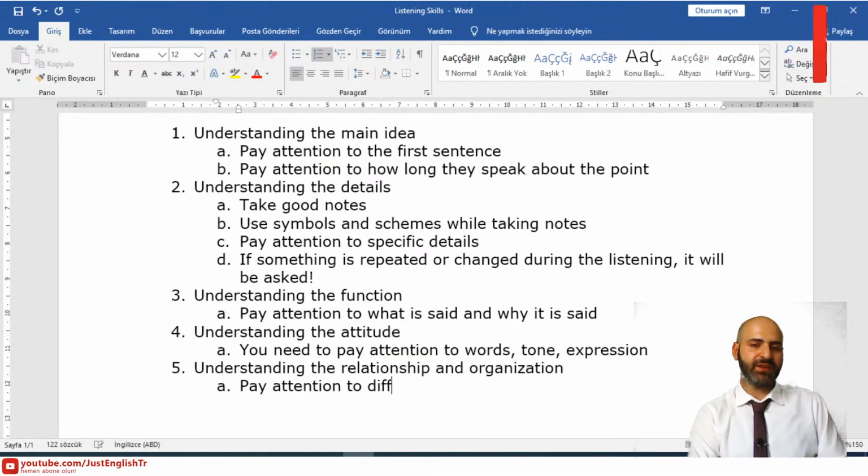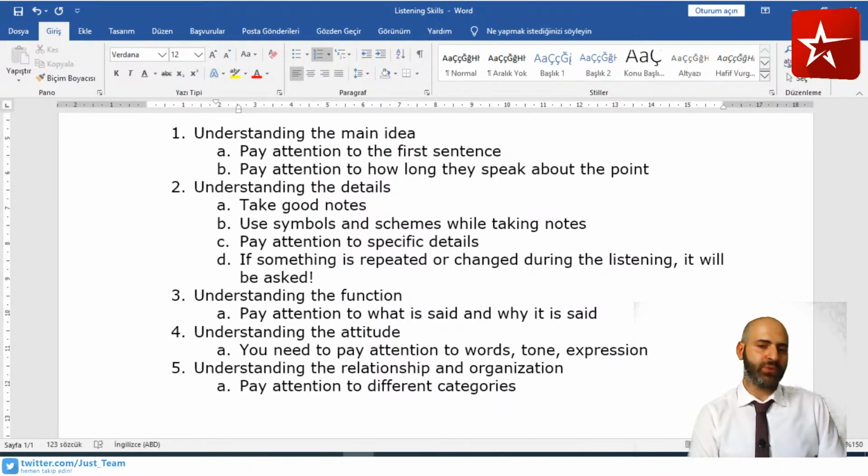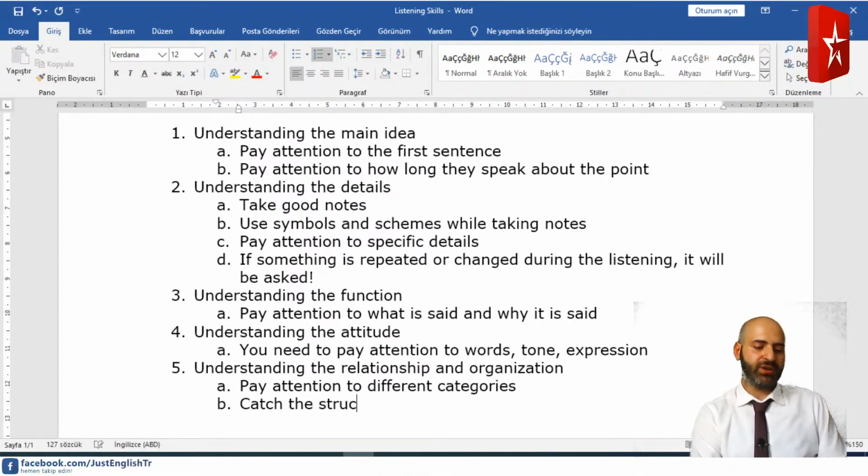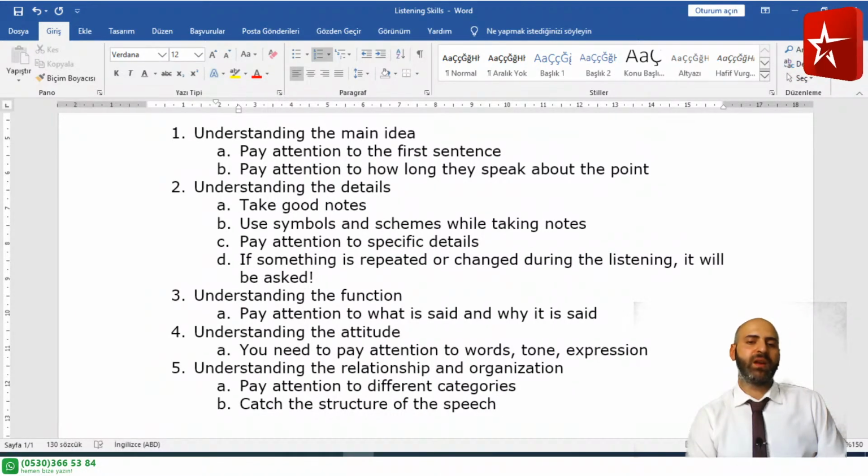Okay, so you need to pay attention to different categories, because there will be one question about some kind of categories, which one is correct about which one. And also please try to catch the structure of the conversation or the speech. How does the professor organize the lesson?